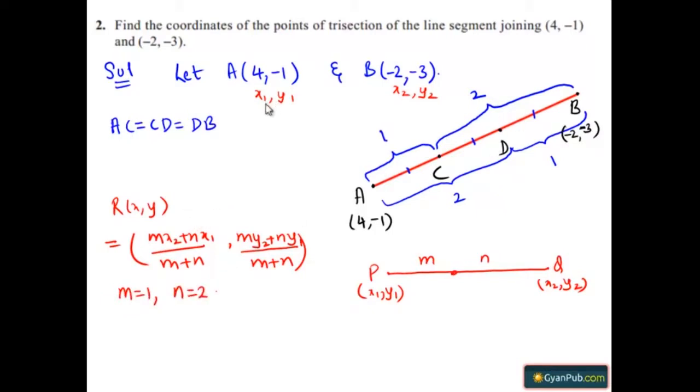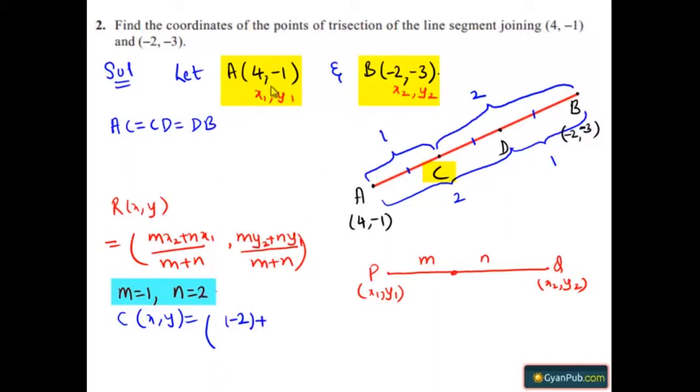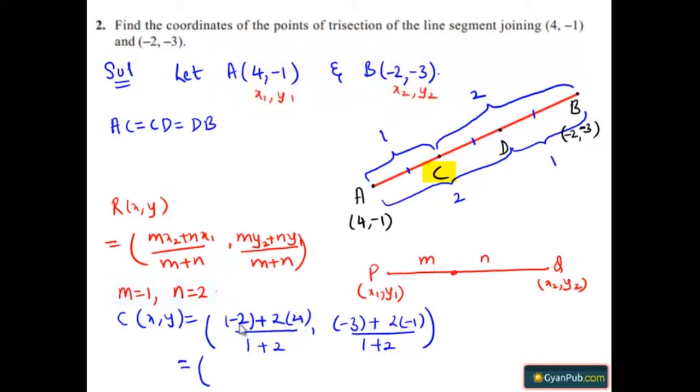Substituting the values of x1, y1, x2, y2 and m and n in the formula, we get the coordinates of C as C(x, y) equals (mx2 + nx1), which is 1 times -2 plus 2 times 4, whole divided by m plus n, which is 1 plus 2, comma, (my2 + ny1), which is 1 times -3 plus 2 times -1, whole divided by 1 plus 2.